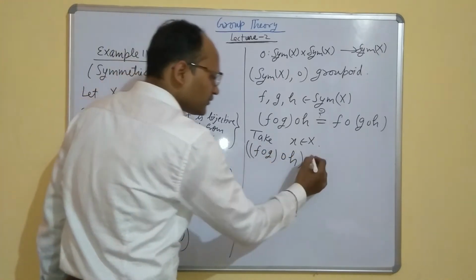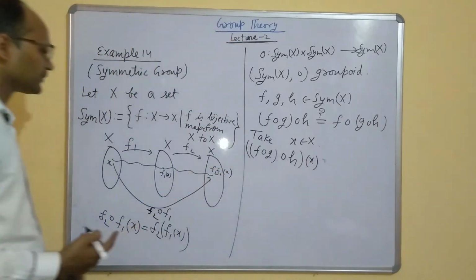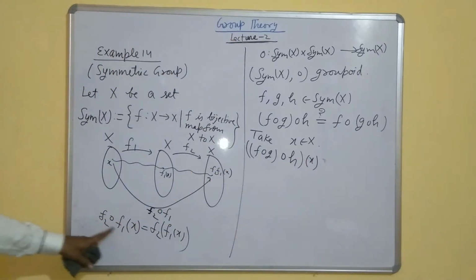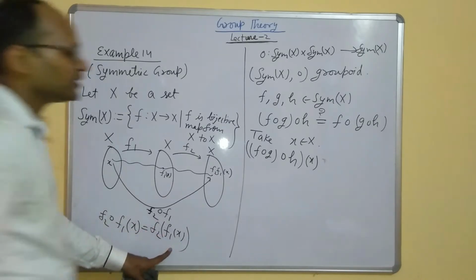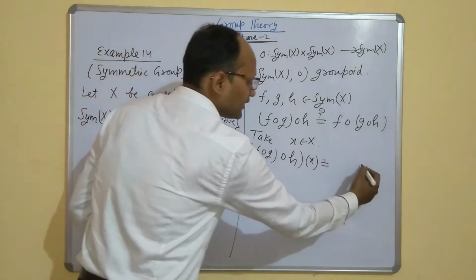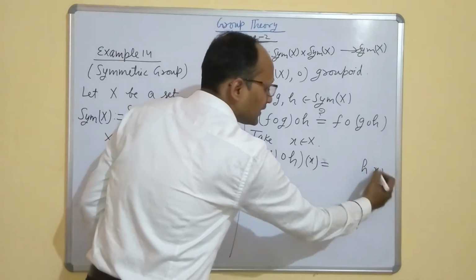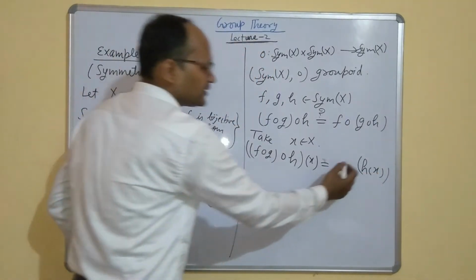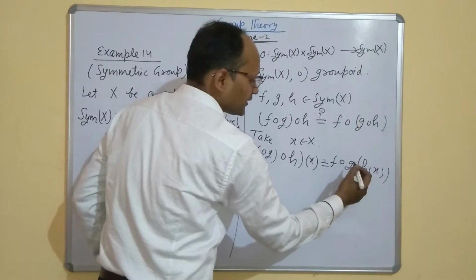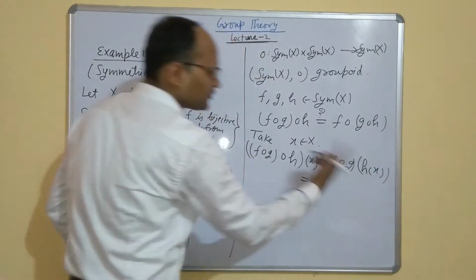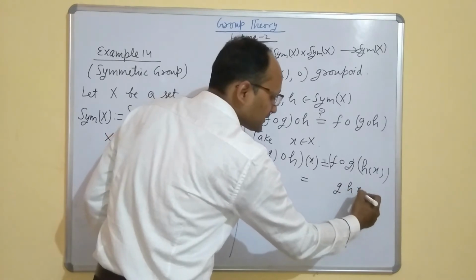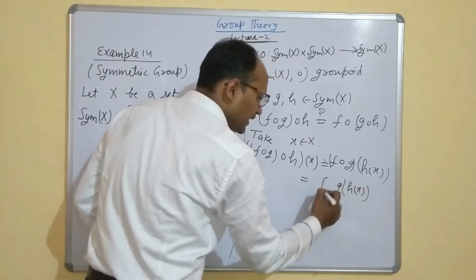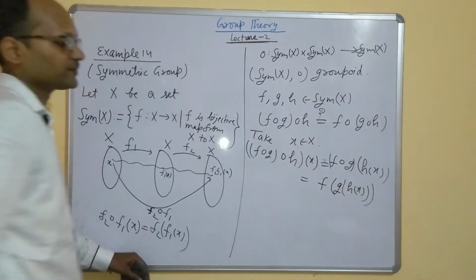So by the definition of composition of map, f1 composed with f2 applied on x means f1(x) and f2 is applied on it. So here we can write h(x) and apply g composed with f on it, and by the definition of g composed with f, we have g applying on h(x) and whatever is coming, f is applying on it.